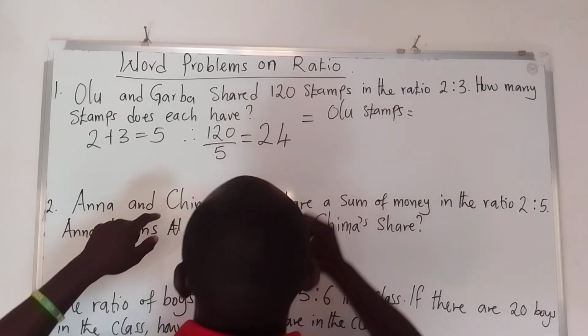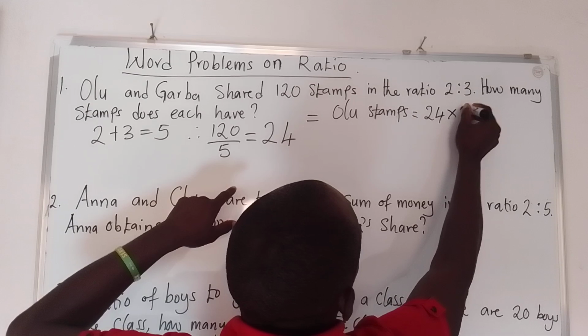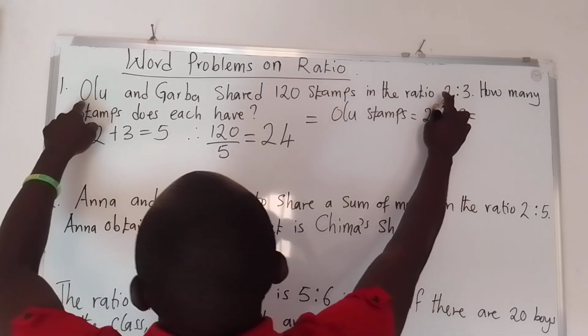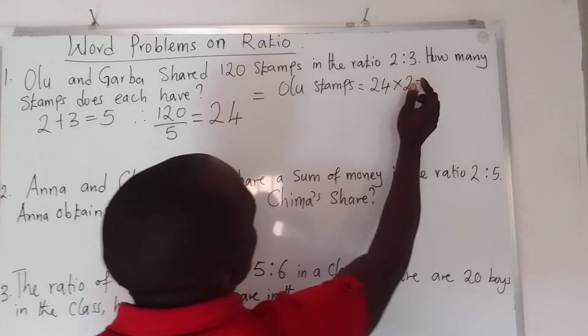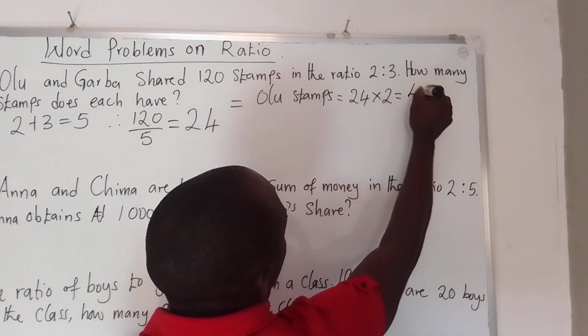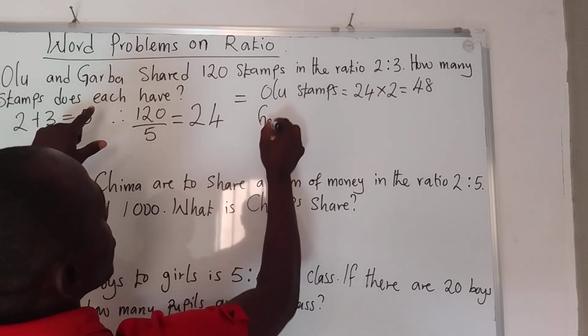Olu's stamps is equal to 24 multiplied by 2 for Olu, because they mentioned Olu, so this 2 ratio belongs to Olu. 24 times 2 will give us 48 stamps. This is for Olu. Why for Garba?